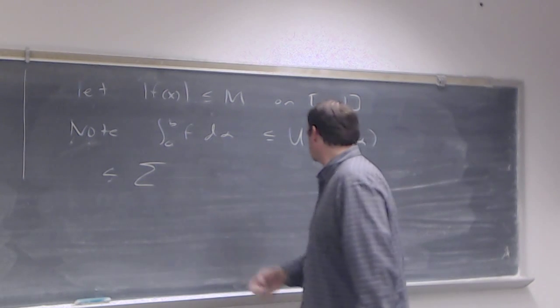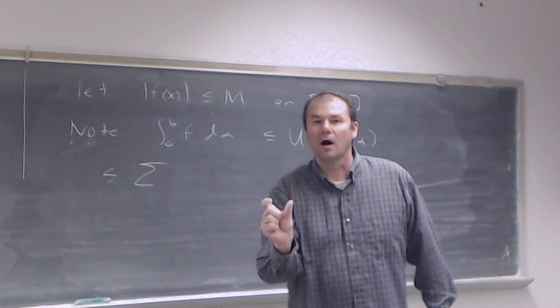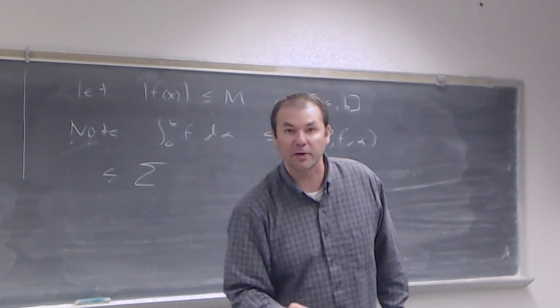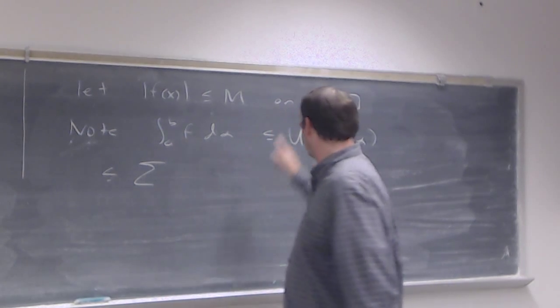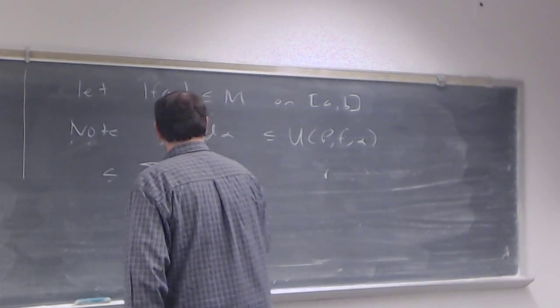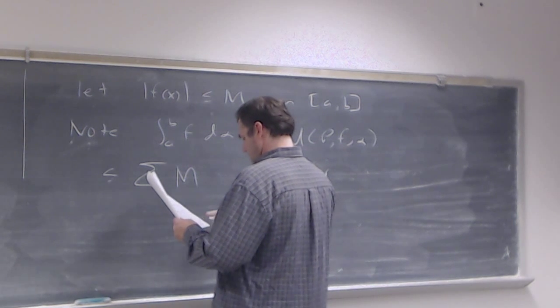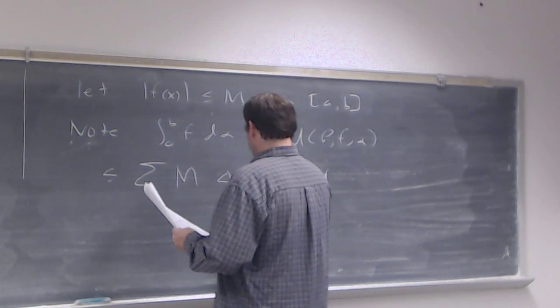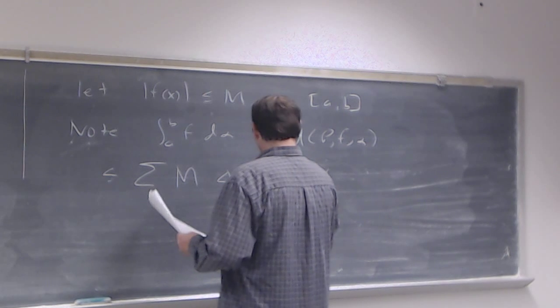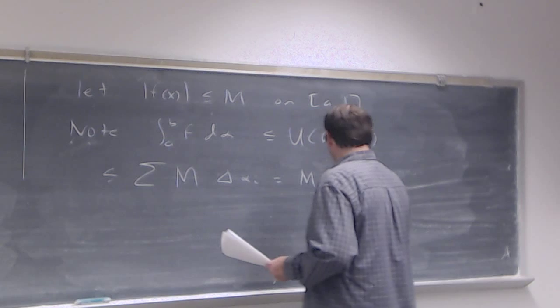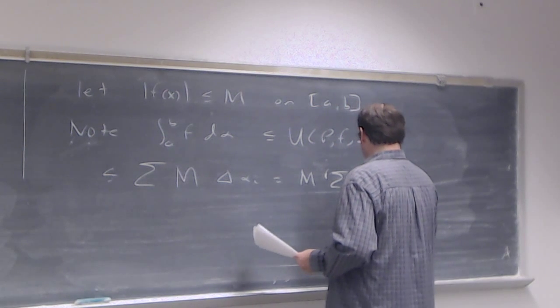But here, I'm going to replace that supremum, which I'm denoting by M sub i in our notation, with M, and that makes it bigger. Times Δα sub i, and that's equal to this big M times the sum of Δα sub i.